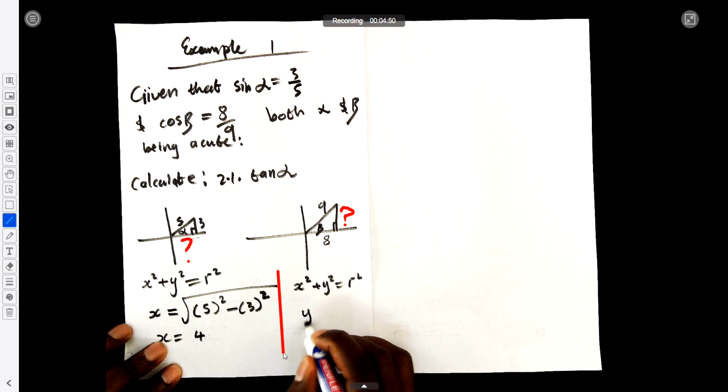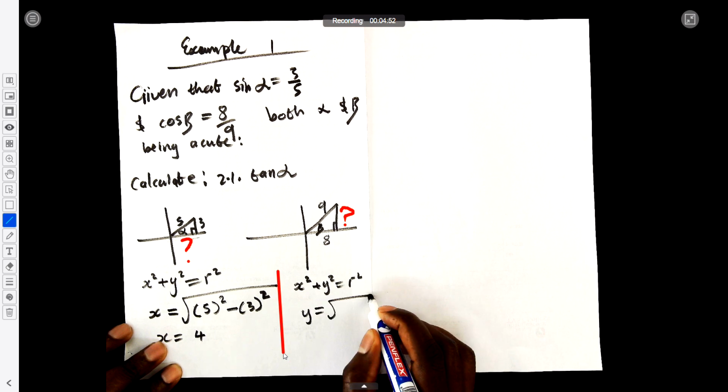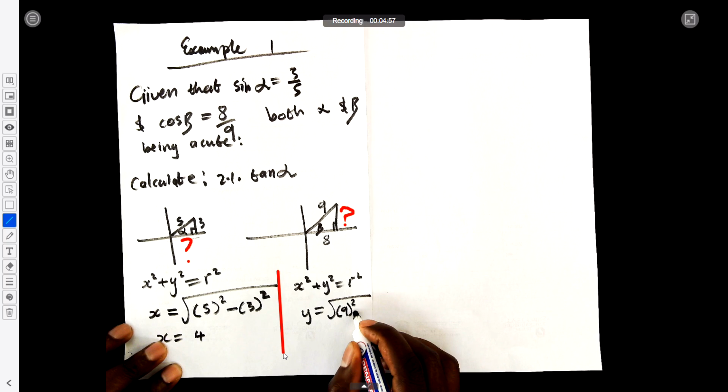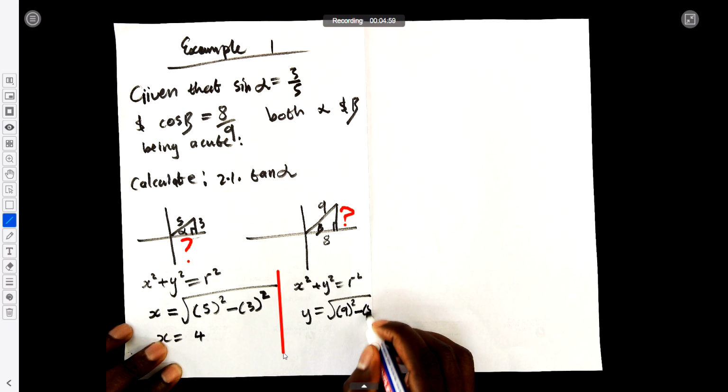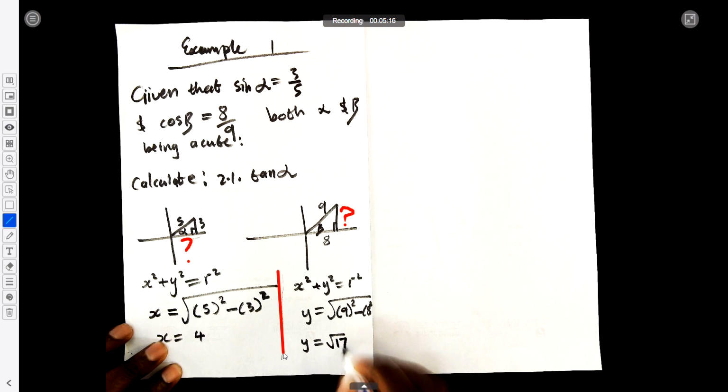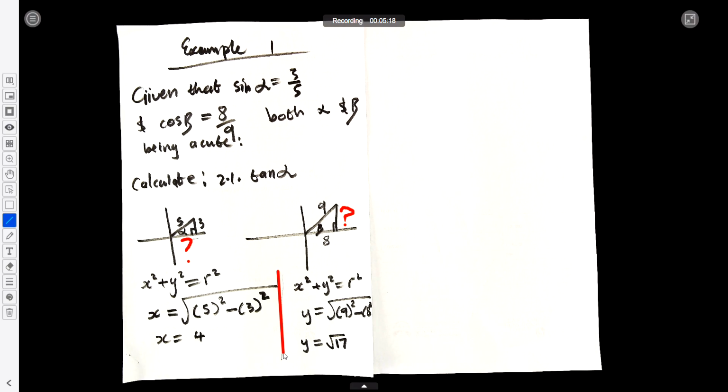So y equals the square root of r squared, which is 9 squared, minus x, which is 8 squared. So 81 minus 64, so it is root 17.